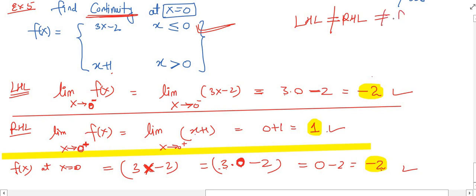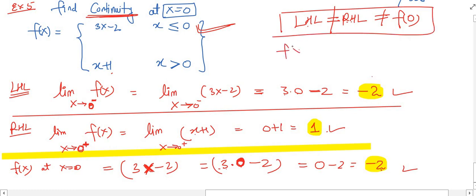So you can just mention it like this, 0. And this is not equal to this, and this is also not equal to this. So here we can say f(x) is discontinuous at x is equal to 0.